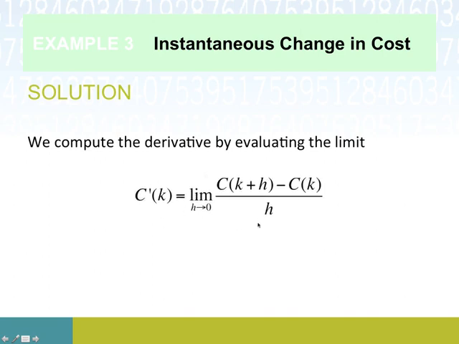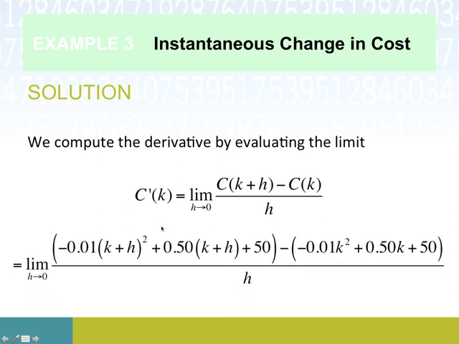We start with our limit the same way. I guess cosmetically this is different because instead of f of x, it looks like c of k. But other than that, it's the same deal. C prime is this limit as the slope fraction has the points go closer and closer together. So you'll have to steel yourself for some algebra here because boom.